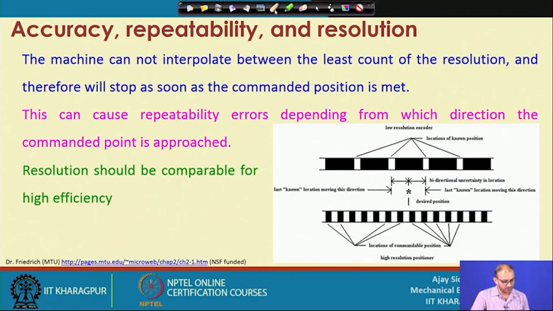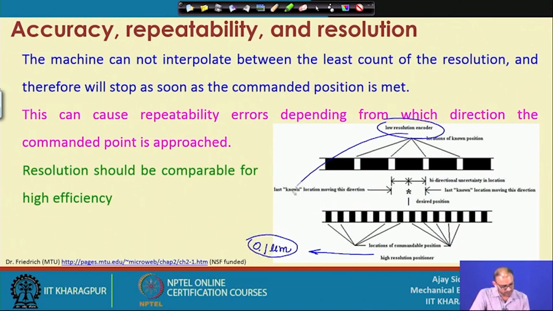So, we have seen that whatever is the X resolution, let me clean this, let us give some value. Suppose the motor is able to move with 0.1 micron, then your encoder should have at least 0.01 micron, correct.